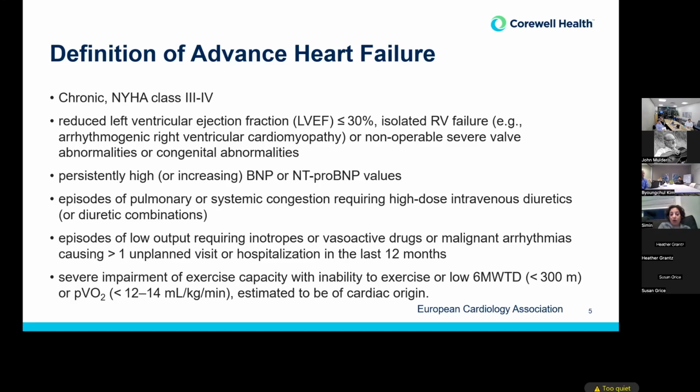So, all of these things need to be present for it to be classified as advanced heart failure.